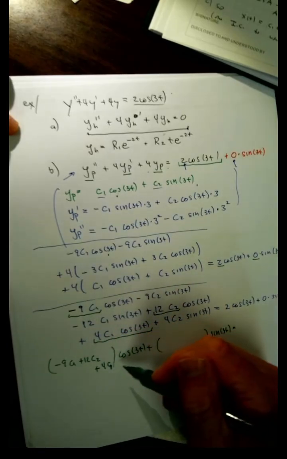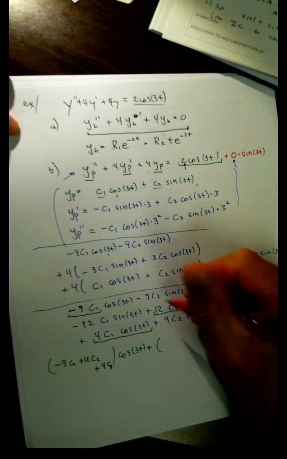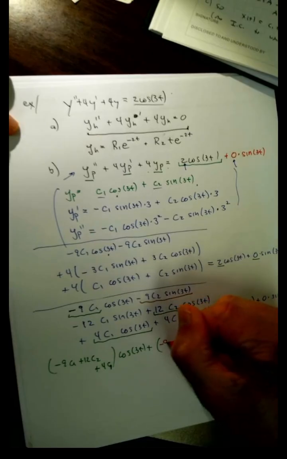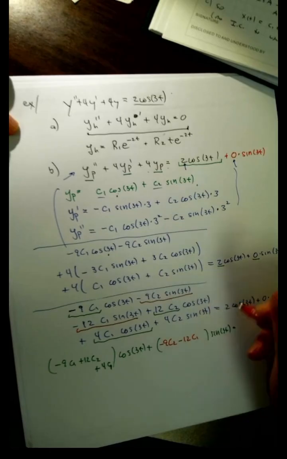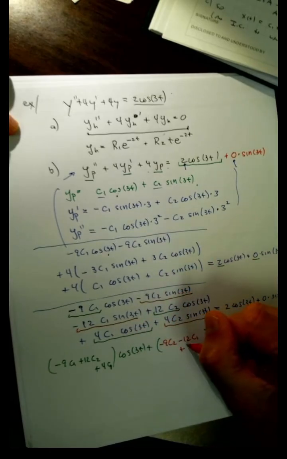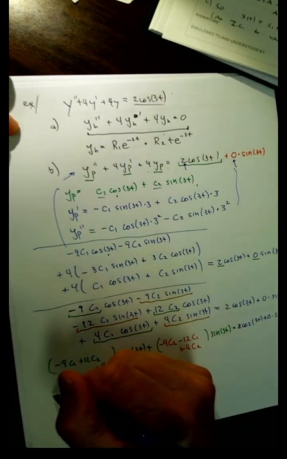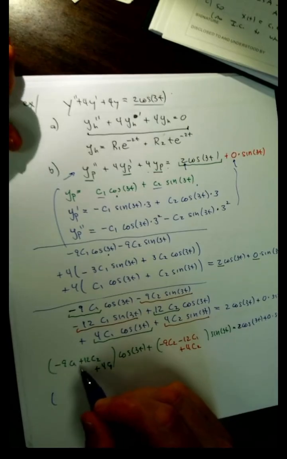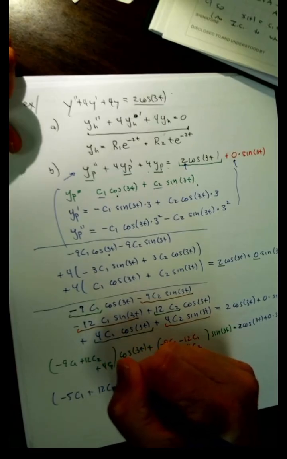Sorry, that's a mess, but plus 4c1 cosine 3t. Now for my sine terms, I have a minus 9c2, minus 12c1, plus 4c2, and that all has to add up to the right-hand side, which I said is 2 cosine 3t plus 0 sine 3t. So this is a mess. Minus 9c1 plus 4c1 is minus 5c1. I leave the c2 alone.